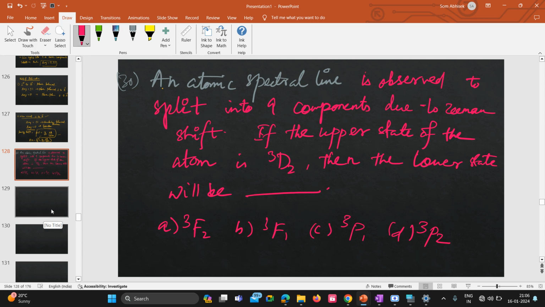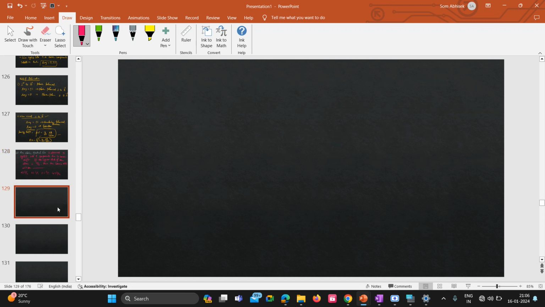Read the question. You have written the question. An atomic spectral line is observed to split into 9 components due to Zeeman shift. The upper state of the atom is 3d2, then the lower state will be? So the upper state of the atom is 3d2.